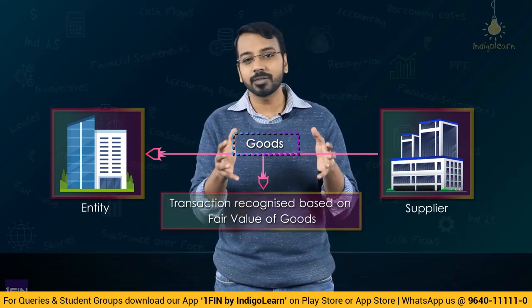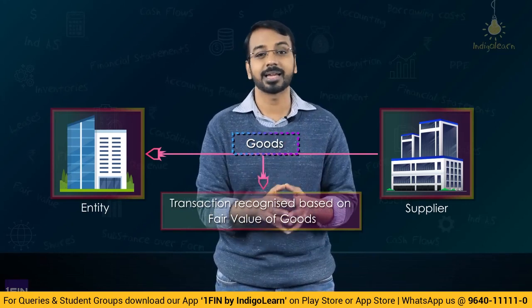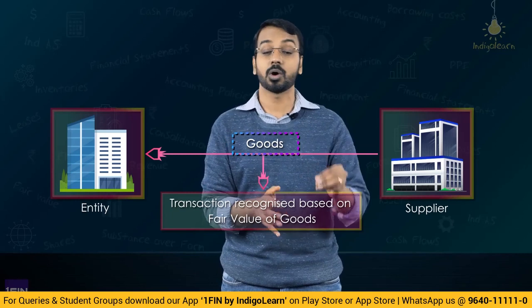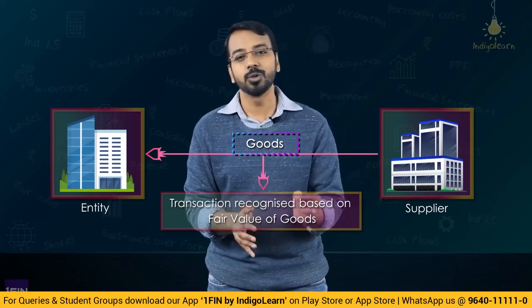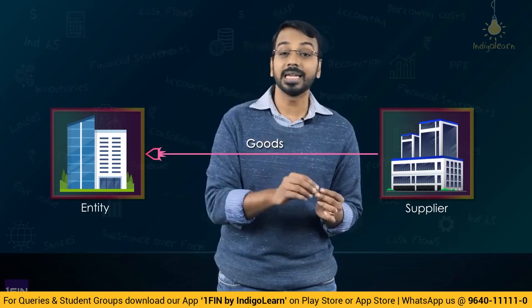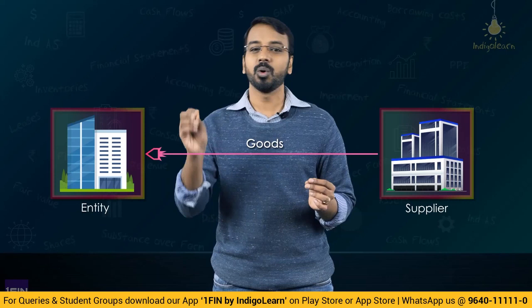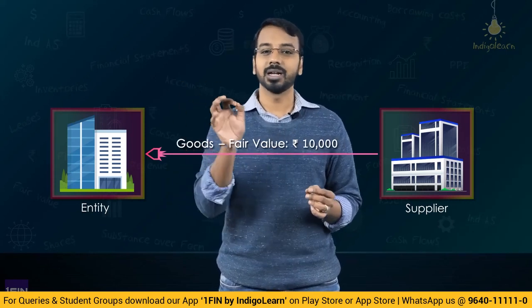So the overall value of the transaction, or the value at which you will record the transaction, or the inventory, or the expense, or the property, plant and equipment, will be the fair value of goods and services received. So say for example, the supplier is supplying goods which has a fair value of 10,000. So 10,000 is the value that you will book under inventory.